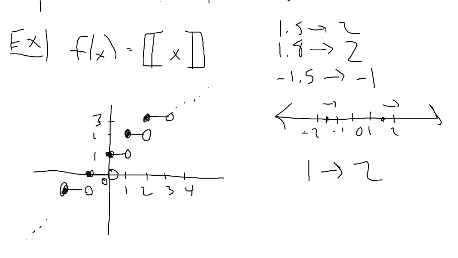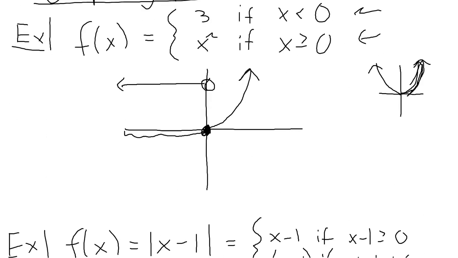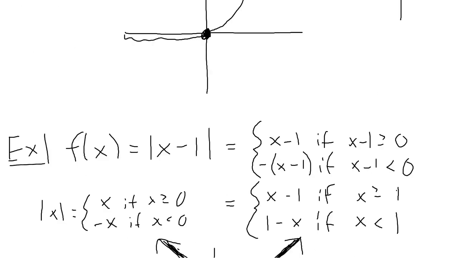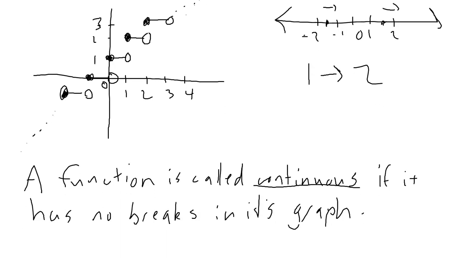And then obviously this one also has a break. This one has an infinite amount of breaks because every integer you go up, it'll have another break. So this first one is just not continuous at one point, where this function is not continuous at many points.